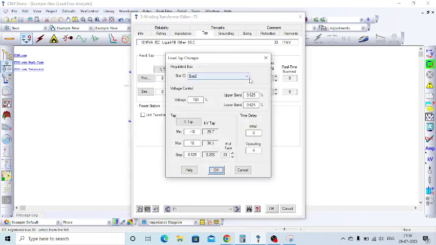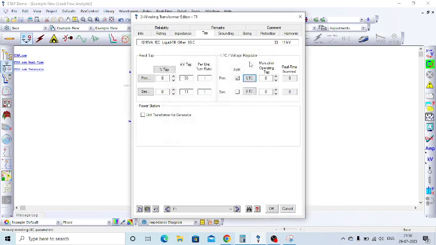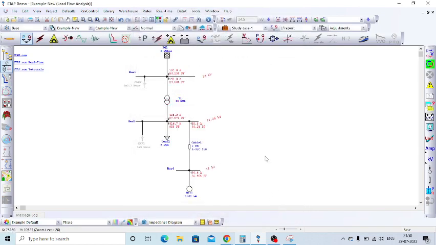In the transformer low voltage bus, there is a regulating bus, I have to change it to bus number 4. Suppose I change it to bus number 4, in that case this transformer will try to maintain the bus number 4 voltage at 11 kV.